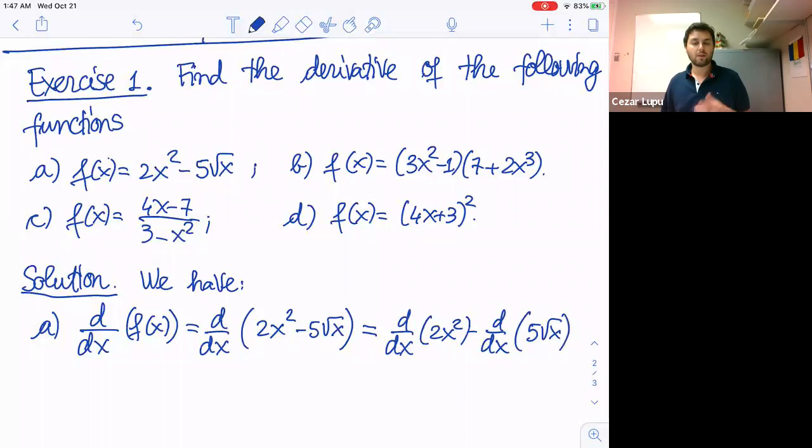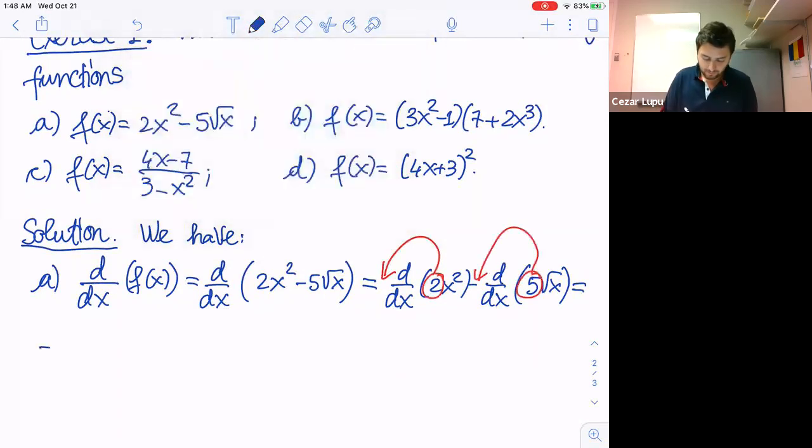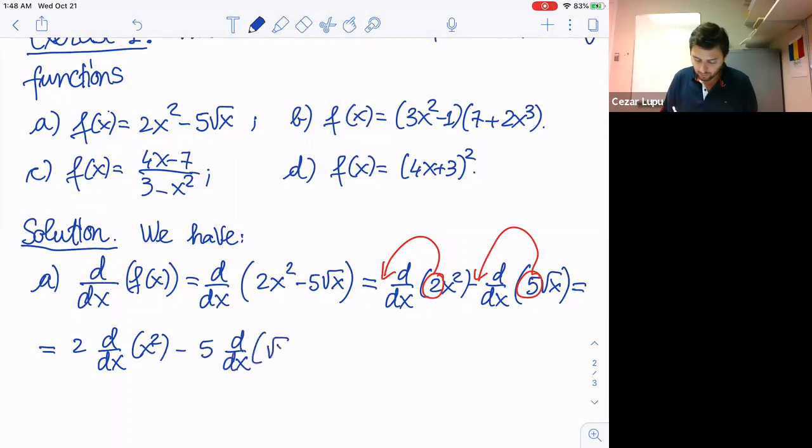Now you see, we apply the difference rule. Now we can apply the constant rule, so we can take these constants, this 2 and 5, out. So this would be equal to the derivative with respect to x of x squared minus 5 times the derivative with respect to x of square root of x.